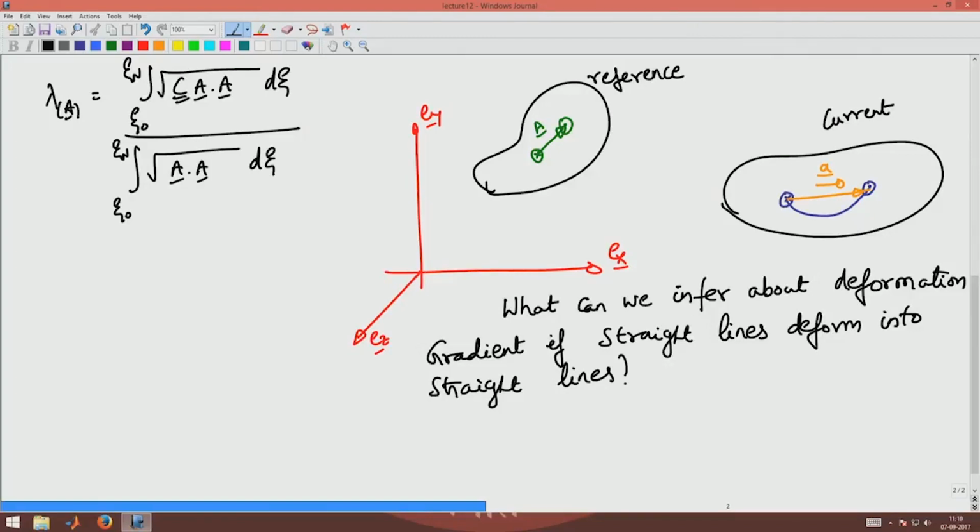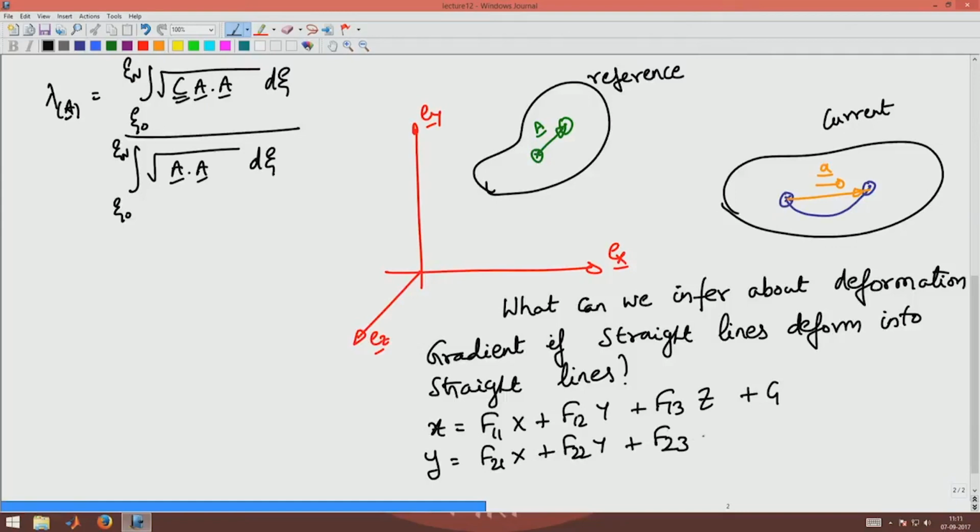So, what is a mapping that will take a straight line to a straight line? A mapping of this sort: x equal to f11 X plus f12 Y plus f13 Z plus c1, y equal to f21 X plus f22 Y plus f23 Z plus c2, z equal to f31 X plus f32 Y plus f33 Z plus c3.